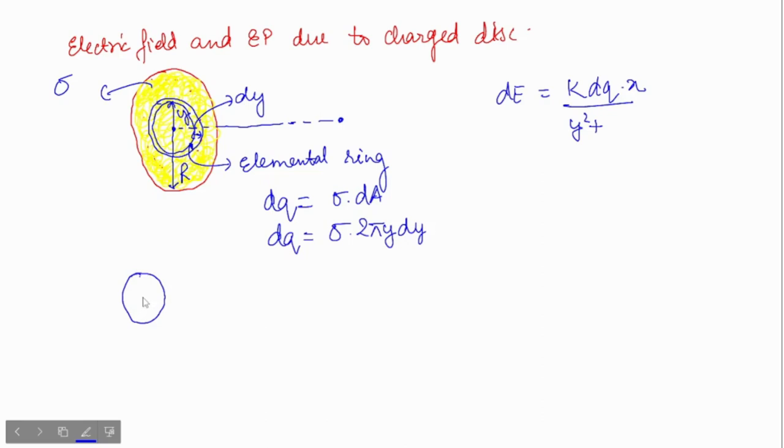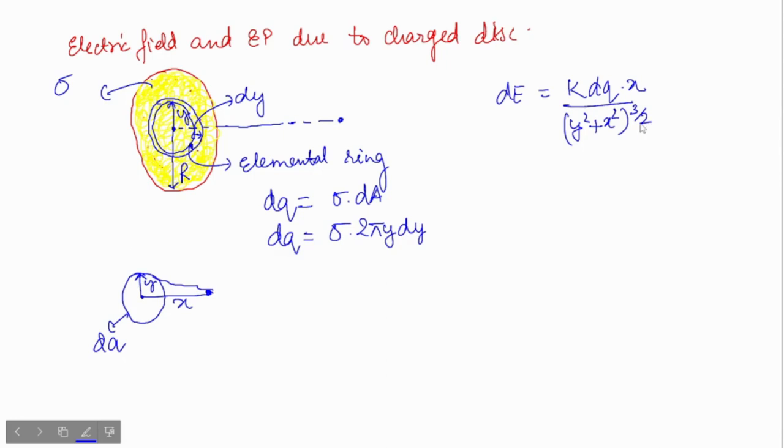I am redrawing it. Let's say this is a ring of radius y, and we need to find the electric field at this point, which is at distance x. So the electric field will be k into dq into x upon y square plus x square power 3 by 2.